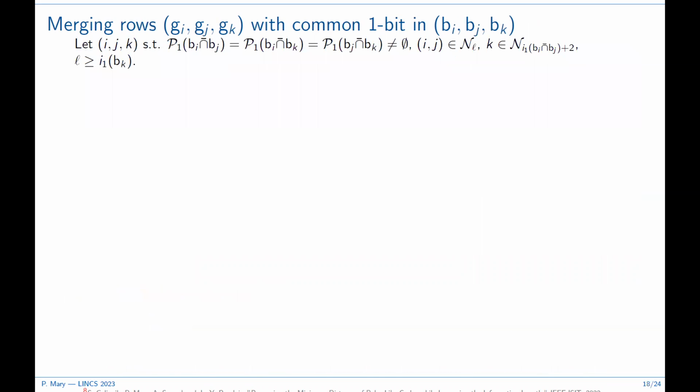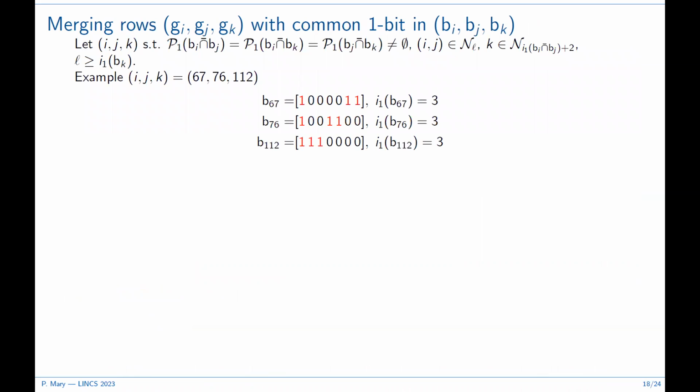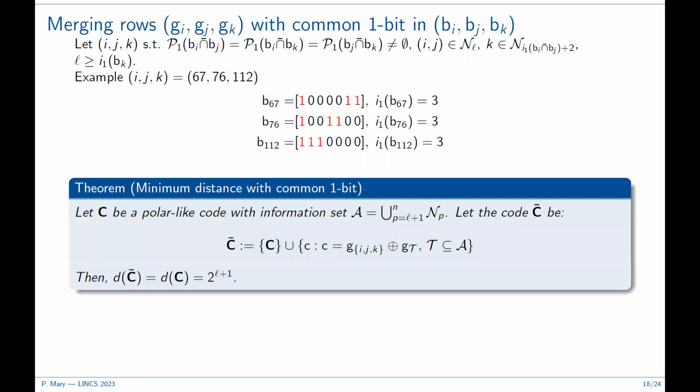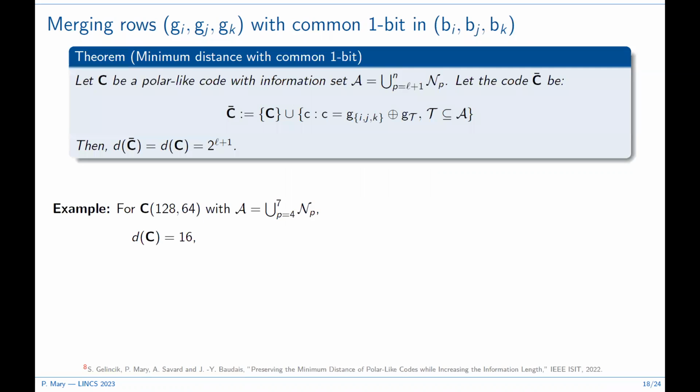Okay, so we have another result with common 1 bit position at B, I, G, and K, and the same kind of results holds. So I won't spend too much time on this.